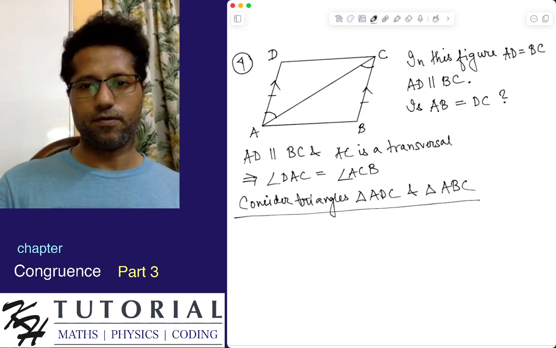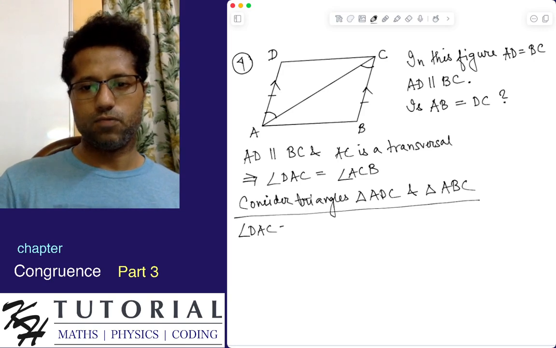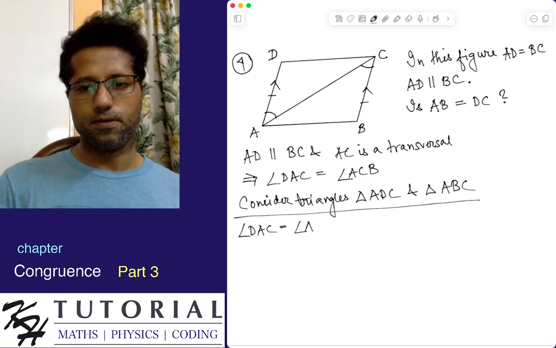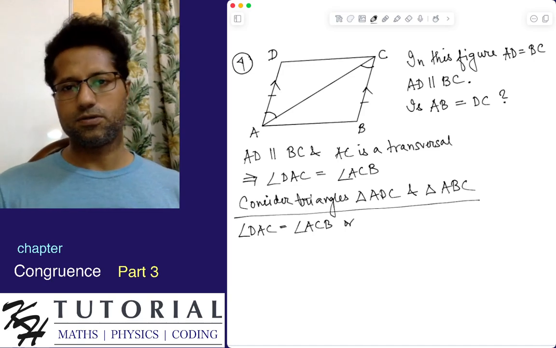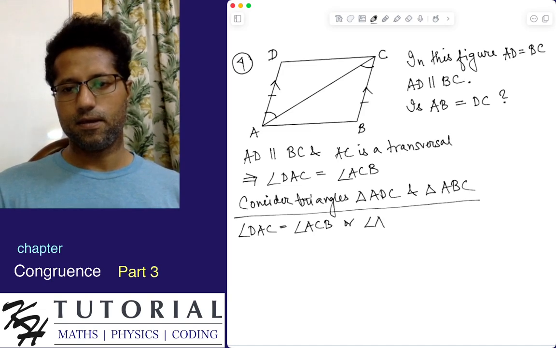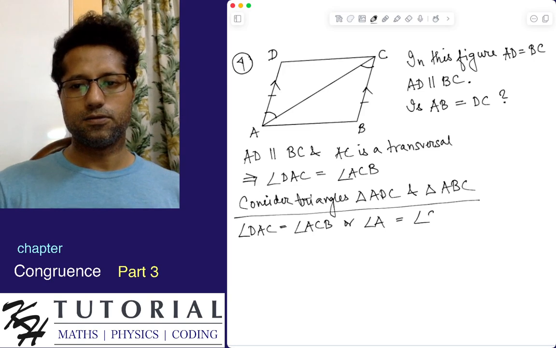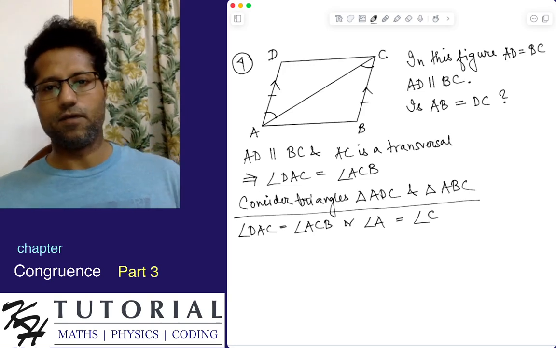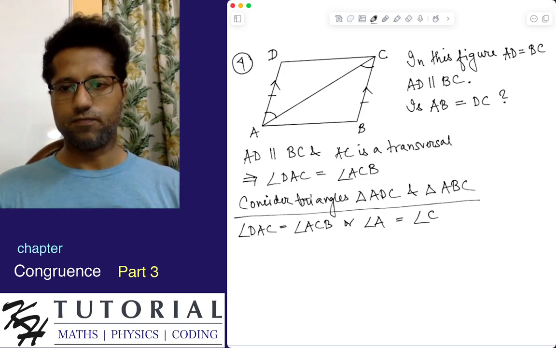So what do we have? We have angle DAC equal to angle ACB. Or in terms of the angles of the two triangles, angle A of the triangle ADC is equal to angle C of the triangle ABC.